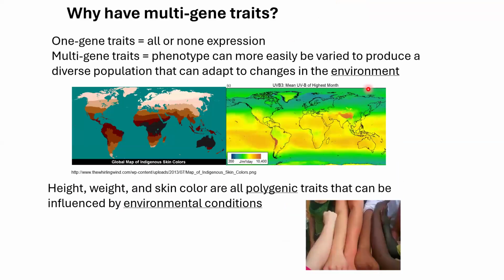The population usually exhibits a bell-shaped kind of trait, a normal distribution, depending on the region you're in. So why do we have these multi-gene traits? It's mostly because it allows you to produce a diverse population that can adapt to any changes in your environment. So like skin color, it helps with certain areas where it can be affected by the environment itself.